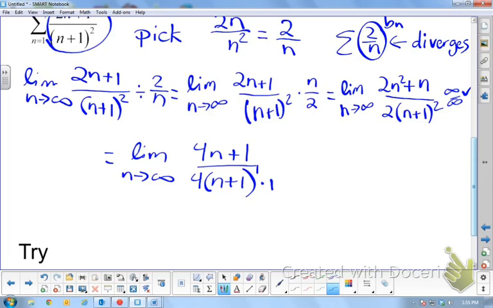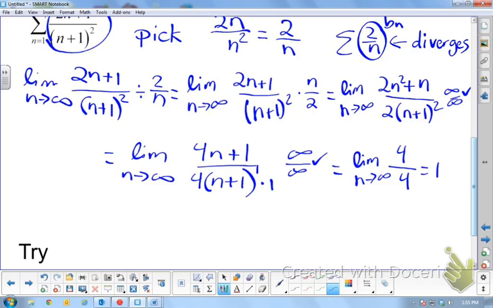So what happens if we plug in infinity now? We get infinity over infinity again, but I was just getting ahead of myself. Do it again. You're skipping to the next step already. We get 4 over 4, which is 1.